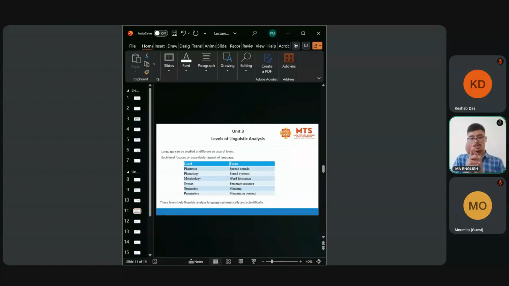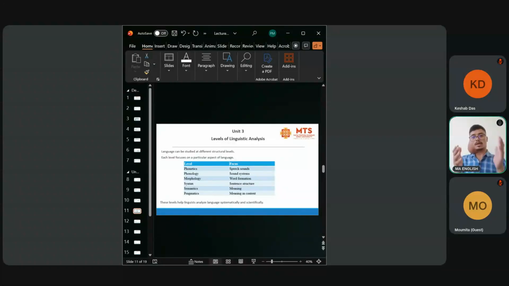The base word is happy. When you attach un to happy, you get unhappy, and when you attach ness to unhappy, it becomes unhappiness. It is the generation of new words, governed by morphology.